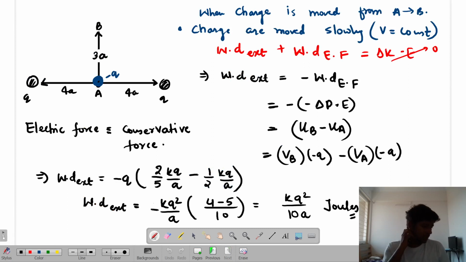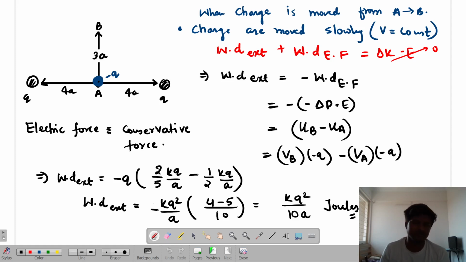Then, yeah, means then there is some another force you have to consider over there. If they start to move fast, then you have some another extra force, right or not?